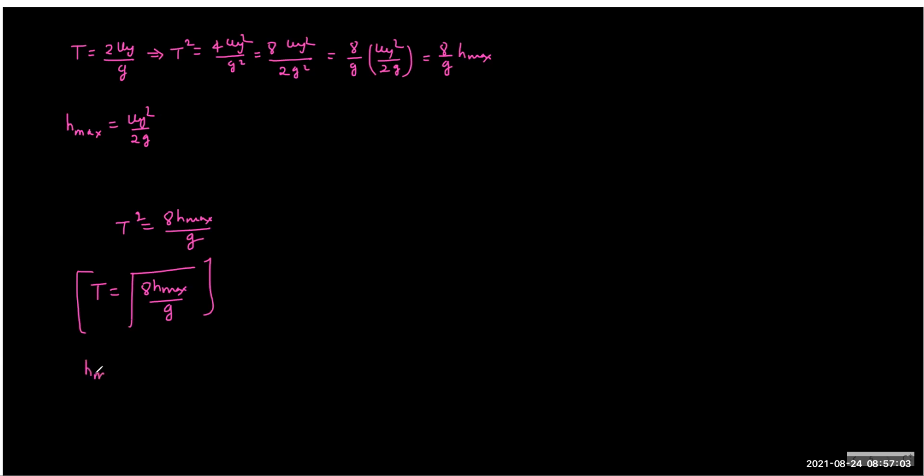Or you can say h max equals 1/8 of g t square. That's very interesting. Okay, so this will also act as a kind of formula, but I'm not emphasizing that one should remember it, rather just learn the derivation. If you know they have a relation, you can derive it in future as well. Okay.